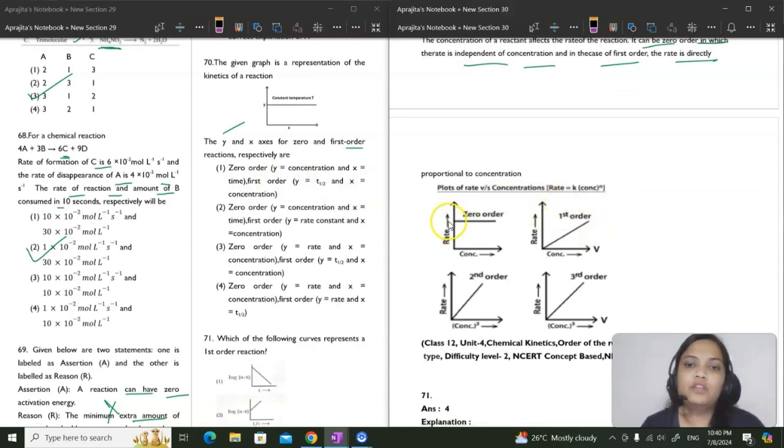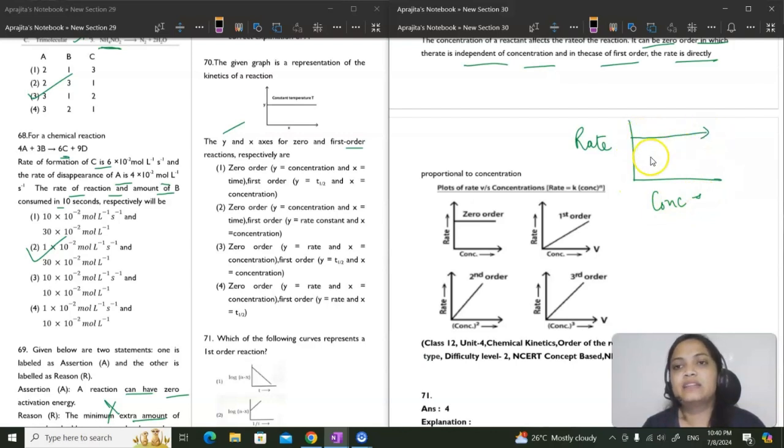For your zero order reaction, the graph will be like this. Rate will be on the y-axis and concentration on the x-axis. As I told you, rate does not depend on the concentration, so you will get a flat straight line graph. So for zero order reaction, y is the rate and x is the concentration.